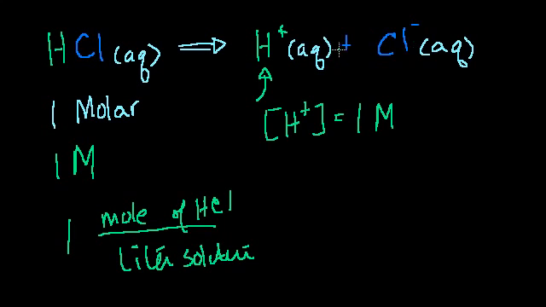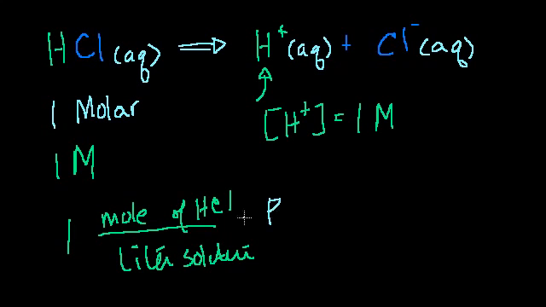We want to figure out, well, if I haven't said it already, it would be nice to figure out what the pH of this solution is now that I've thrown hydrochloric acid in it. Well, the pH is just the hydrogen concentration. So, we already have the hydrogen concentration. That's 1 molar, or 1 mole per liter of solution.